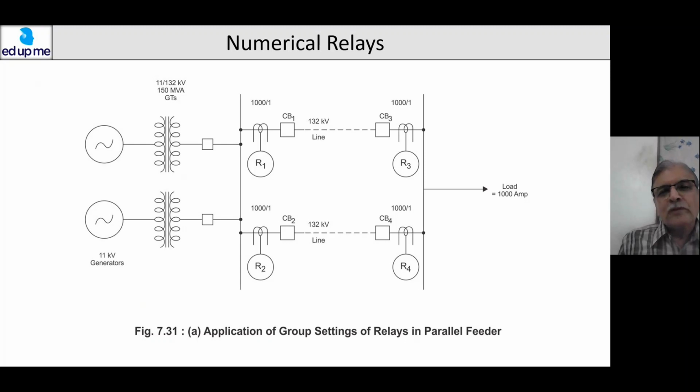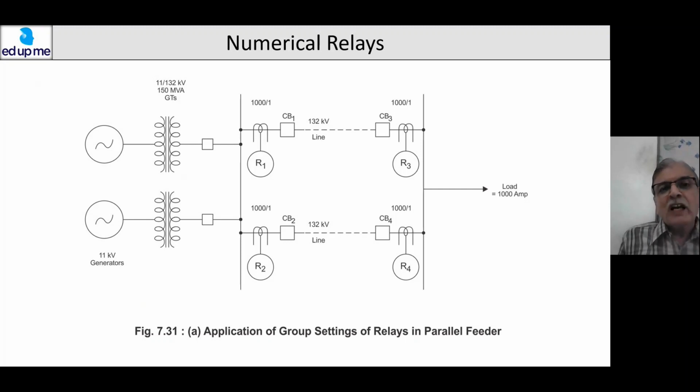But R1 and R2, because 500 ampere is passing, that takes me to a flux setting of R1 and R2 of 50%. But I cannot go for 50%. I could not go in earlier versions of the relays because if there is a fault in one of the lines, then that line will trip and the total 1000 ampere will flow through the remaining line, and therefore the flux setting has to be 100% because 50% will trip that line also.